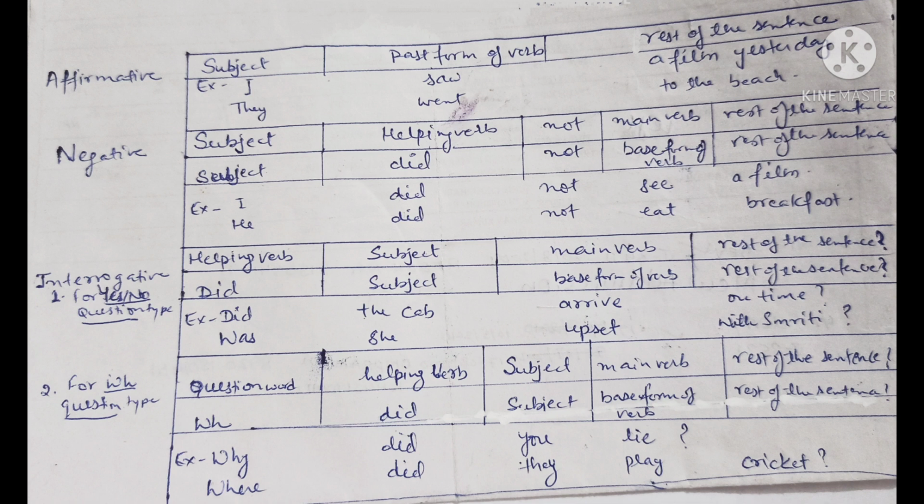One which can be answered in yes or no, and one which cannot be answered with yes or no. So the yes/no question type sentence structure: first the helping verb did, then subject, then main verb which would be in base form, then rest of the sentence with question mark.